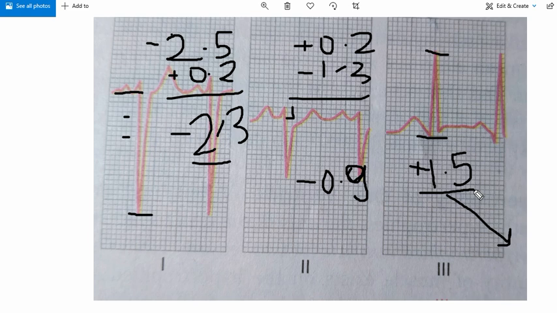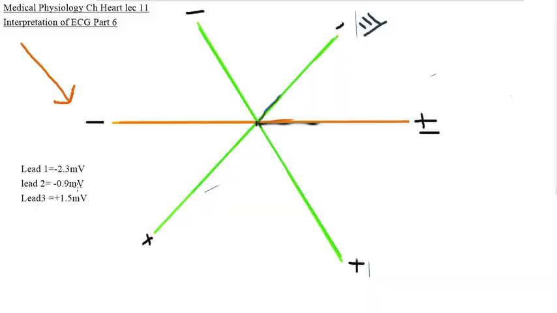Now we have obtained these values. Now we are going to draw our electrocardiographic lead axis and calculate the resultant QRS vector of the patient. These are the values that we derived from our given electrocardiography. Lead 1 is giving us minus 2.3 millivolt. If this is 1 millivolt, 2 millivolt, lead 1 is giving towards the negative electrode minus 2.3 millivolt in this direction.